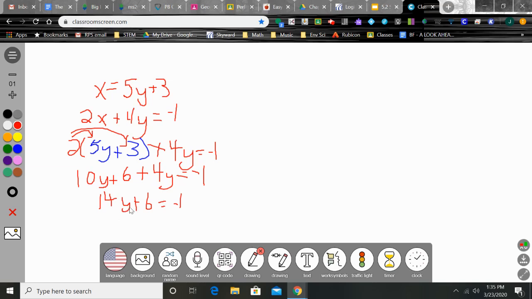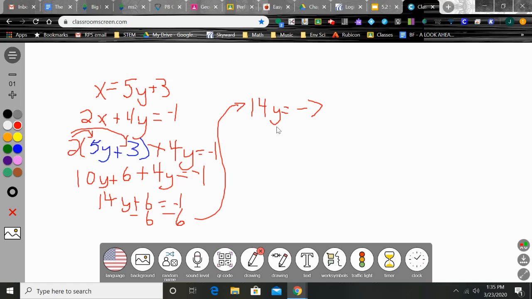Okay, so I'm trying to find what y is. What am I doing to y? I'm multiplying it by 14 and then adding 6. So I need to take away my additions first. Now listen, I'm just going to write it up here for right now, just so it's not all squished. So 14y plus 6 minus 6 is just 14y. Okay. -1 minus 6 is -7.